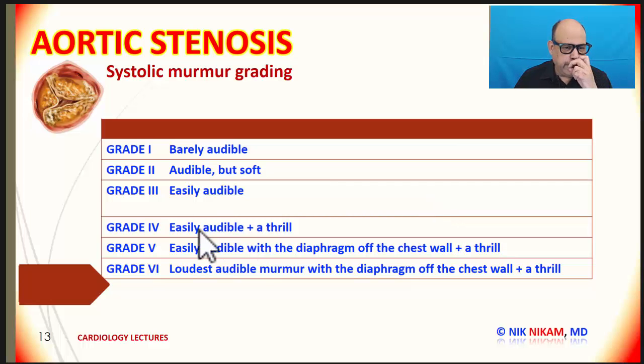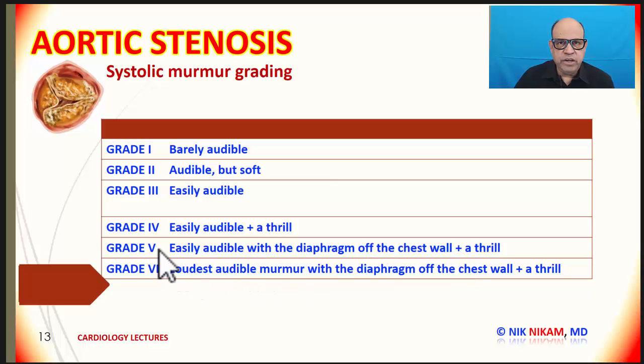If we hear a grade 3 murmur and we can feel a thrill on palpation, it is considered a grade 4 systolic murmur related to aortic stenosis. If we can hear the murmur with the diaphragm slightly off the chest wall associated with a thrill, this is grade 5.